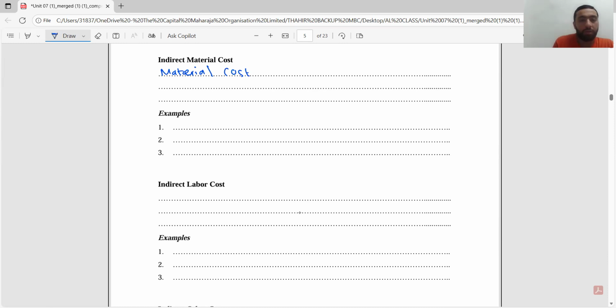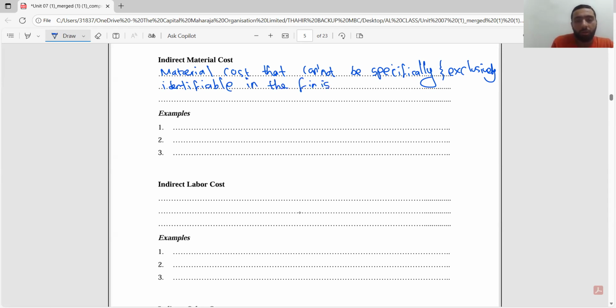Material cost that cannot be specifically and exclusively identifiable in the finished product.